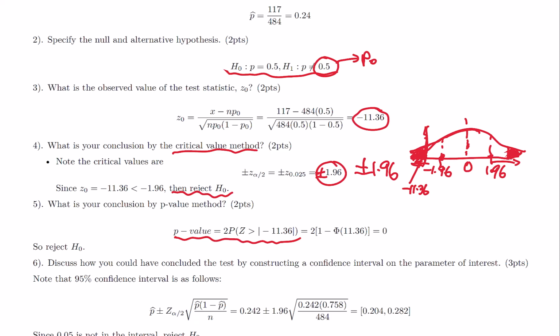But don't forget there is a positive side also. Here we just say 2 times the probability of capital Z greater than positive 11.36, because these two are symmetric, right? This one is Z greater than 11.36. This one is Z less than negative 11.36.